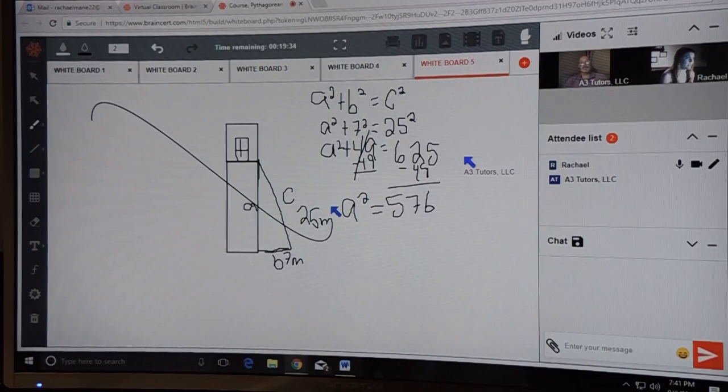Do you want me to do that? And remember, we're going to take the square root of A squared to cancel that out, because the opposite of squaring is the square root, okay?